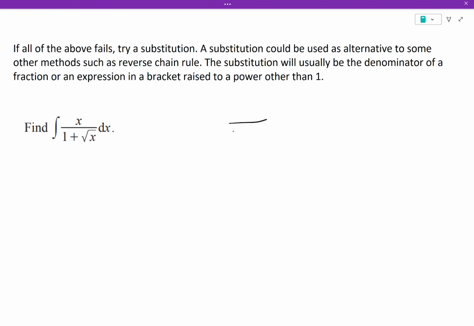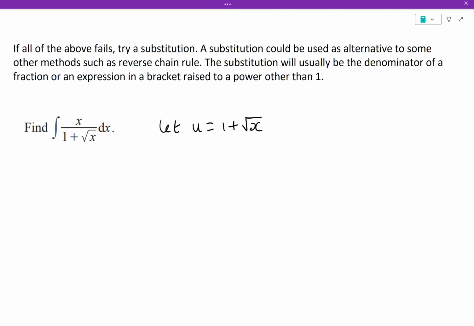Let's say the denominator was something that looked a bit like this. Then our substitution might be what is in the bracket raised to a power, so we'd say u is equal to 2x take 3. In this case, we don't have something raised to a power, so one option is just to make the entire denominator the substitution. So we could go with letting u equal 1 plus root x.